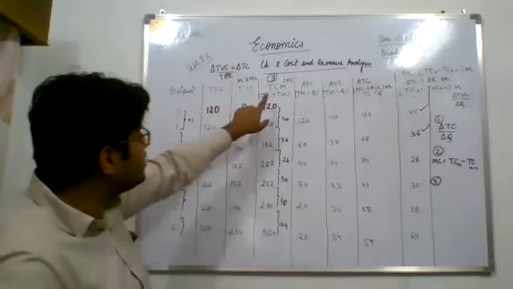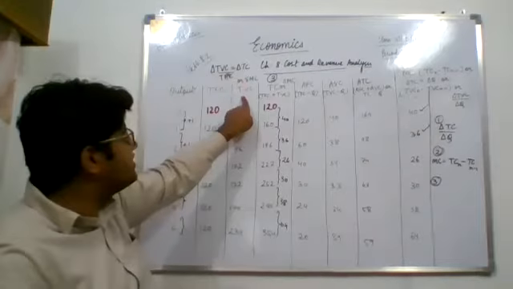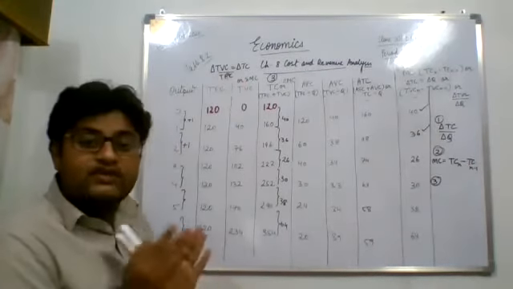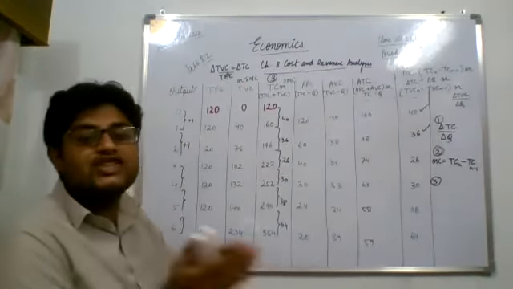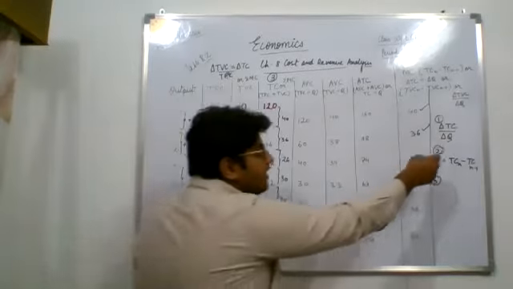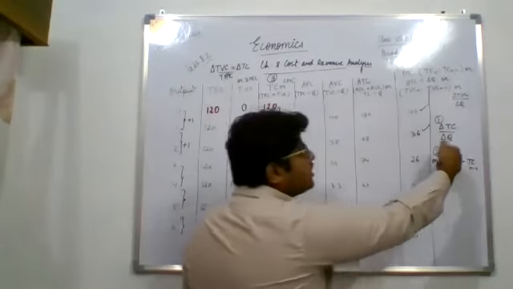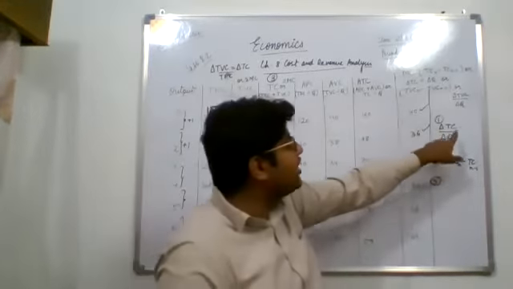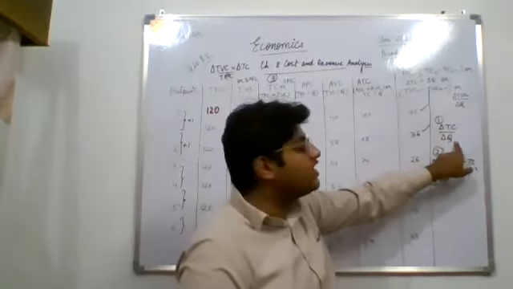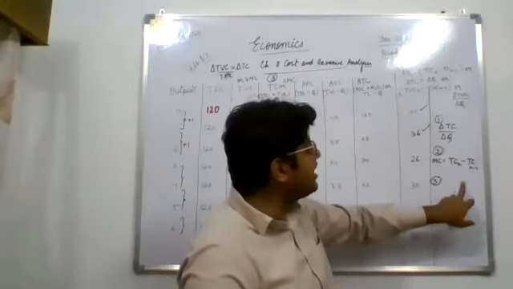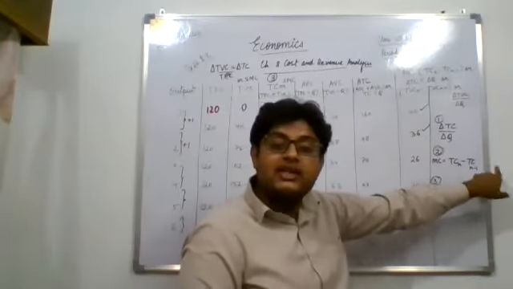That means change in TC and change in TVC are equal. So if I'm saying change in TC and change in TVC are equal, then we can calculate our marginal cost by just taking change in TVC upon change in output, or TVC n minus TVC n minus 1.